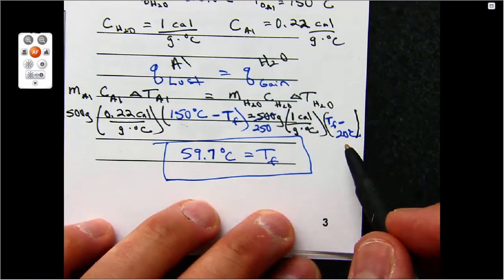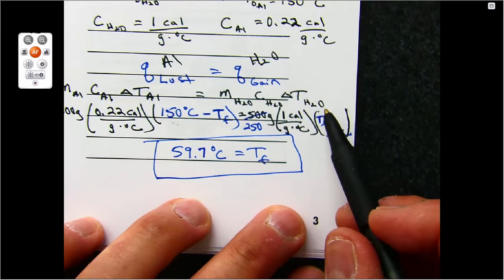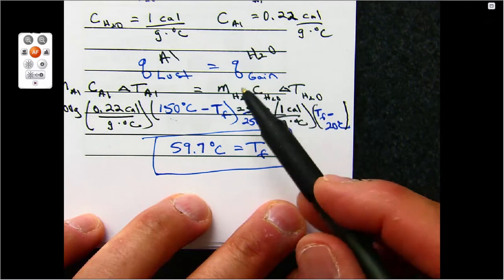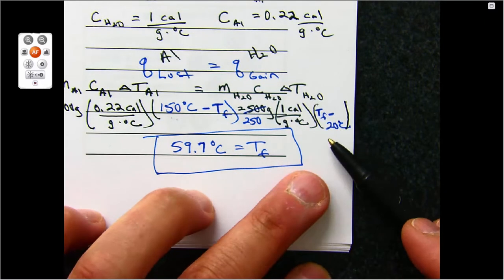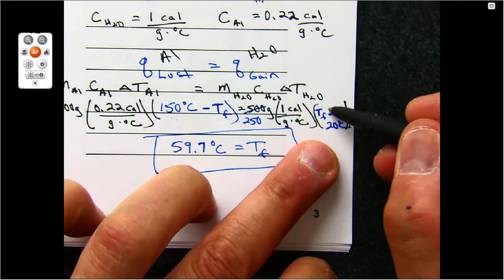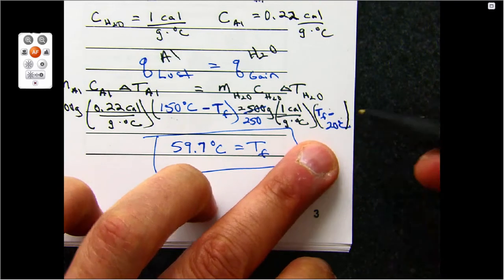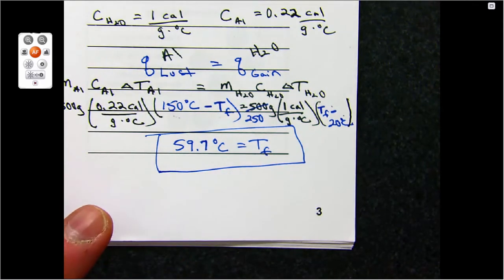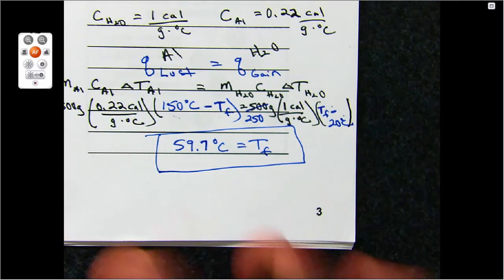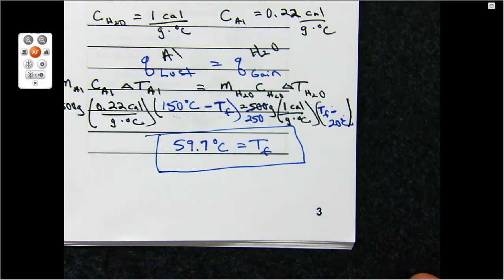And over here, you know that if the water starts out at 20, it gains heat. It is going to be larger than 20. So we're going to go T final minus 20. That makes it work out great. Otherwise, your book just sets everything to 0, and they throw a negative heat on one side, and it just makes it too complicated.